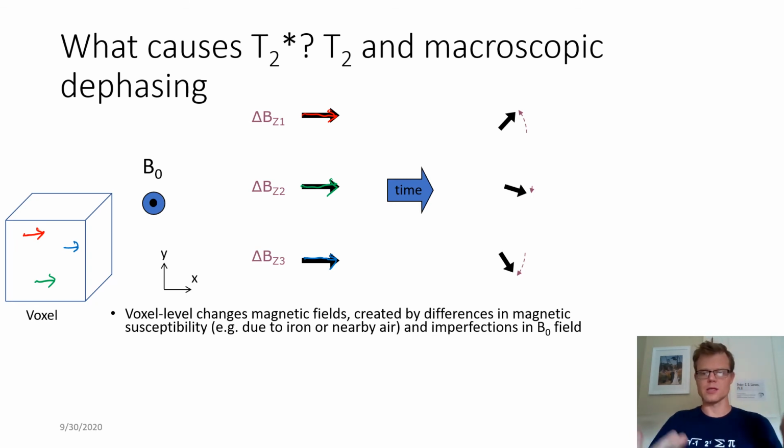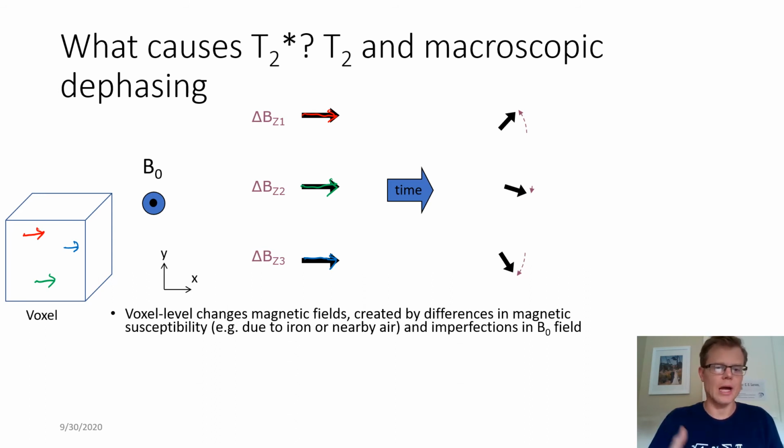And just like the T2 dephasing example, each of these net magnetizations within our voxel is experiencing a slightly different magnetic field. They experience a different magnetic field not just because of the neighboring spins and molecules nearby, but for other reasons. So these are different magnetic fields due to differences in, say, magnetic susceptibility.